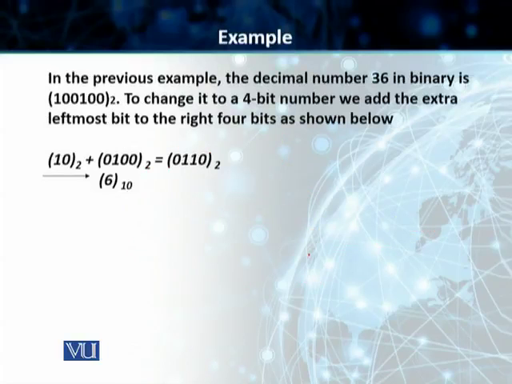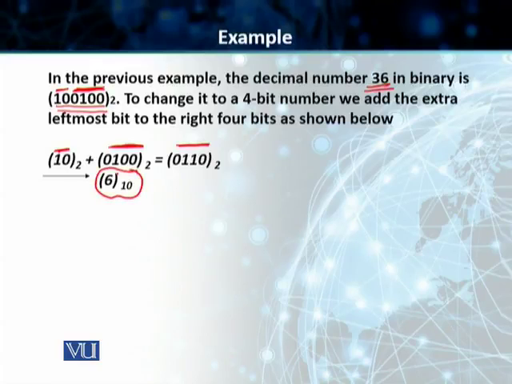We have got the decimal number 36, and in binary, this cannot be expressed in 4 bits. You need more than 4 bits in this case. So to change this to a 4-bit number, we add the extra leftmost bits, which are 1 and 0 in binary, to the 4 bits on the right. This comes out to be 0110 using modular arithmetic once again, and this is equal to 6 in decimal.